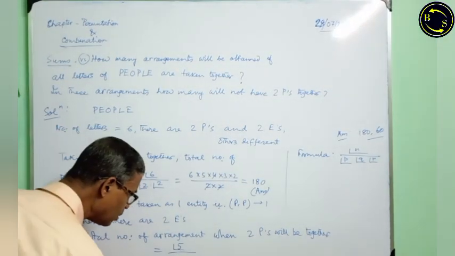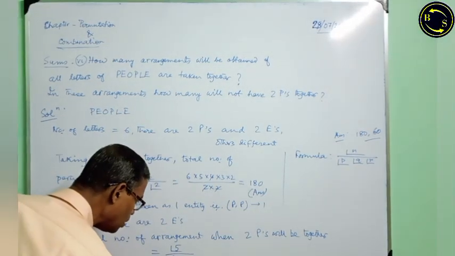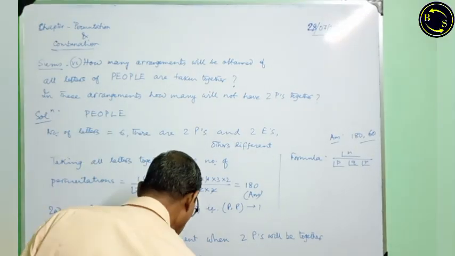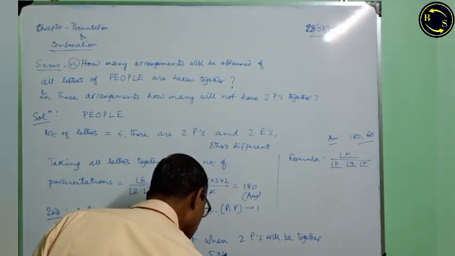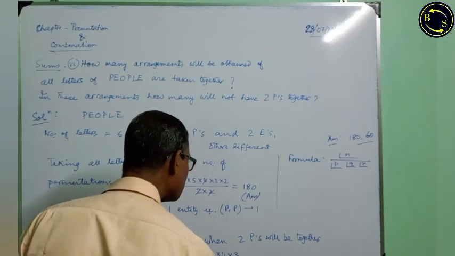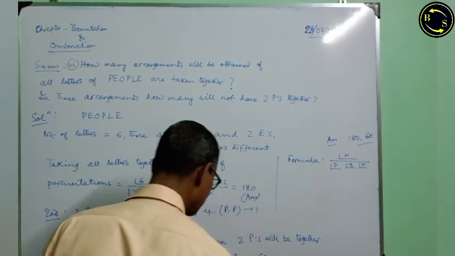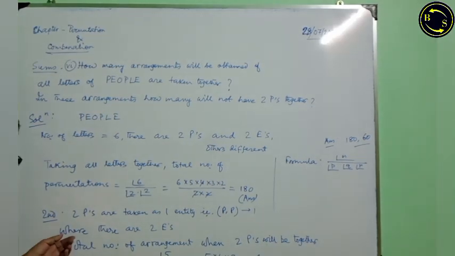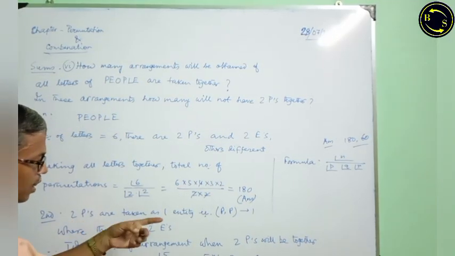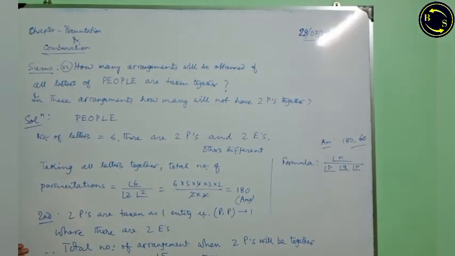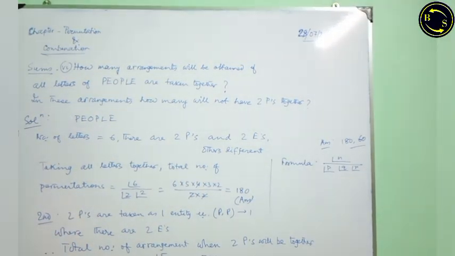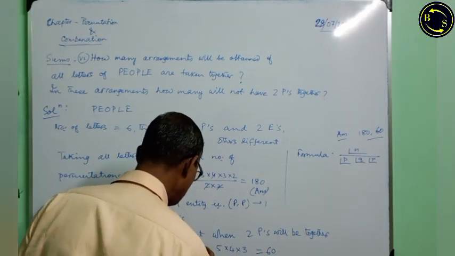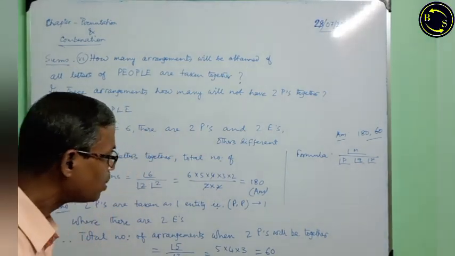Since 2 E's are together, as per that formula, if we calculate, it will be 5 into 4 into 3, which is 60. Here 2 P's have been taken as one entity. Therefore, the total number of arrangements will be 60.